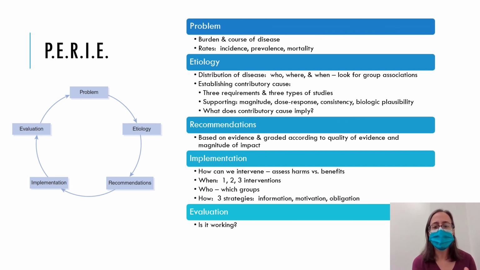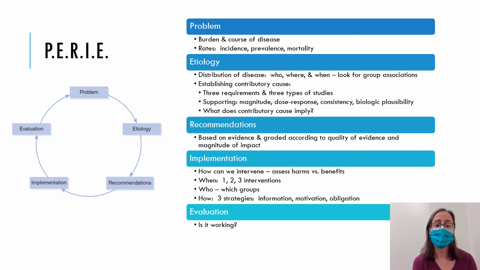And then for establishing contributory cause, right, those 3 requirements and 3 types of studies. So do we see the association at the individual level? Those are going to be those case control studies. Do we see the cause preceding the effect? Those cohort studies where we follow people over time. And does changing the cause change the effect? Those are those randomized controlled trials, or natural experiments sometimes happen.